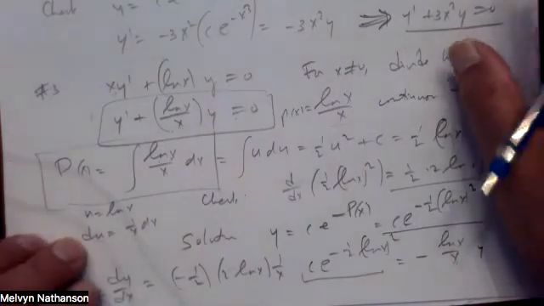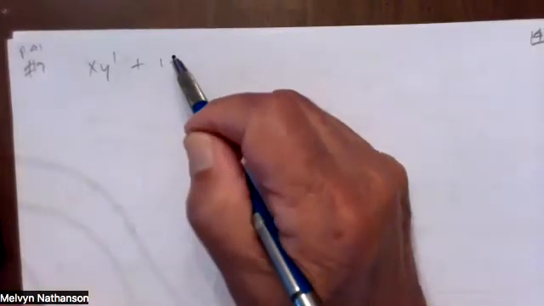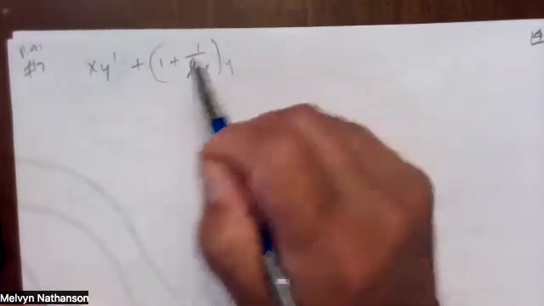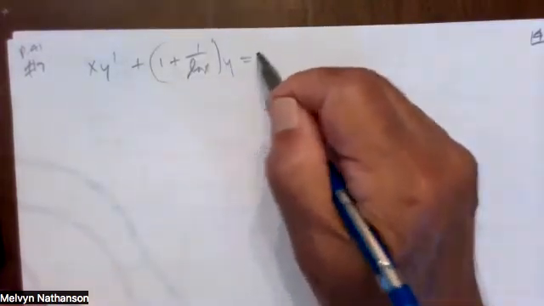Okay, someone asked me about number 7, which is an initial value problem. So problem number 7 on page 41 is x y prime plus 1 plus 1 over log x times y equals 0.